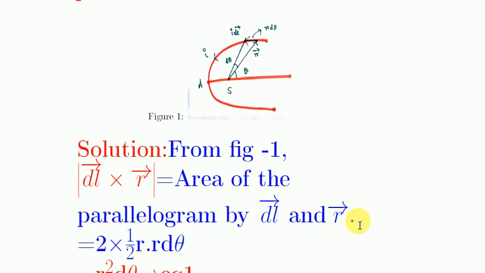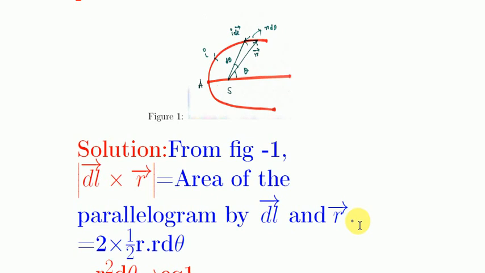From vector calculus we know that if A and B are two vectors indicating two sides of a parallelogram, then mod of A cross B is the area of the parallelogram.